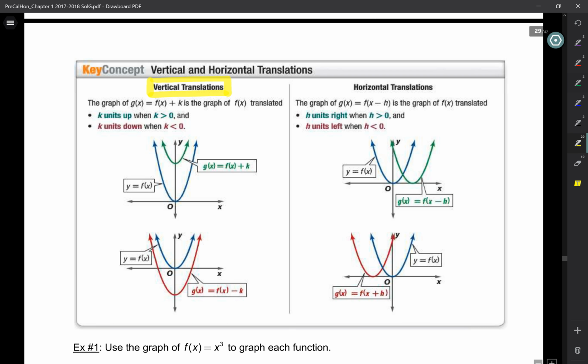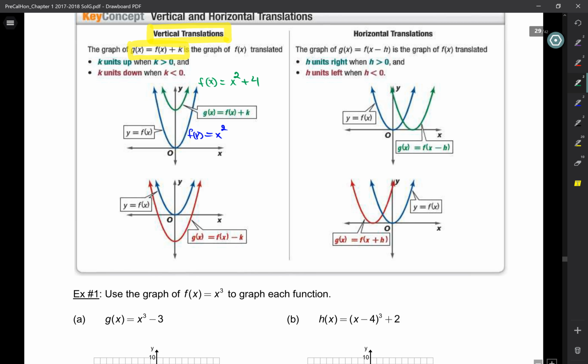So basically, you take f of x and you add a value k to it. So for example, suppose here this blue function, f of x, was x squared. The green function would be f of x equal to x squared plus 4. Okay, that moves it up. And then x squared minus 4, that moves it down. All right?